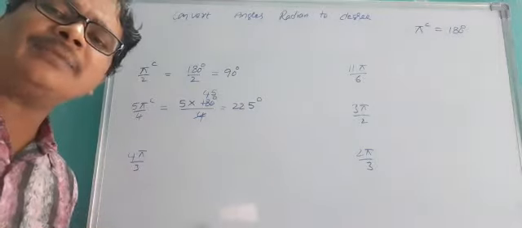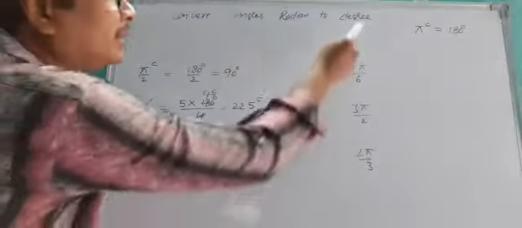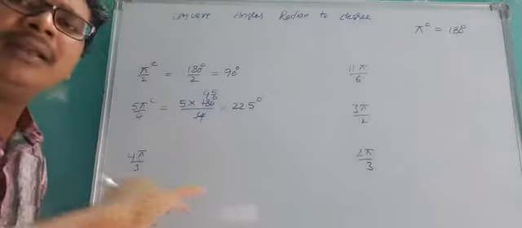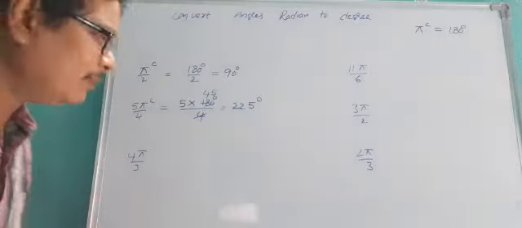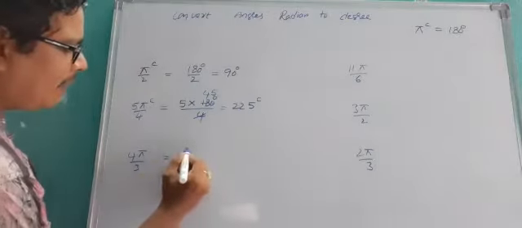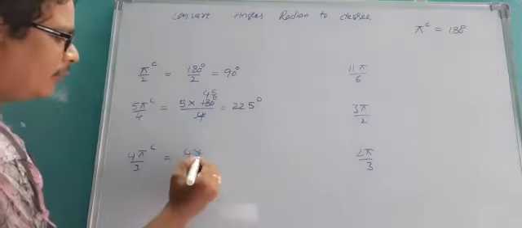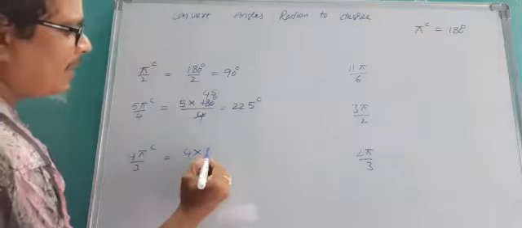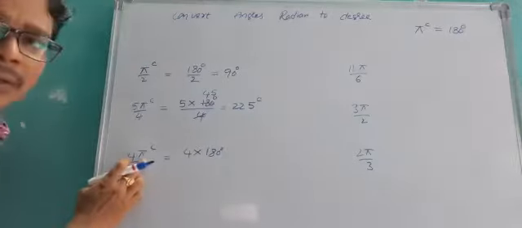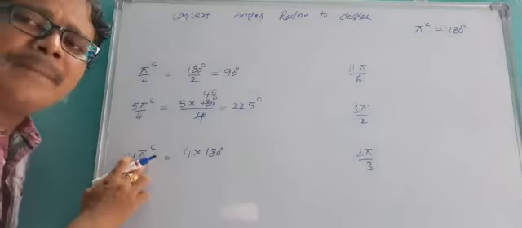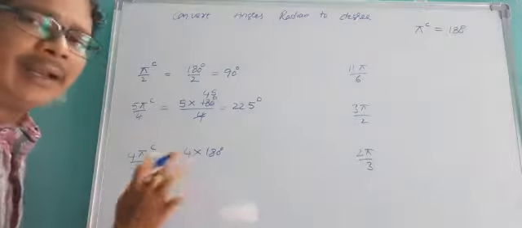Already explained how to convert degrees to radian in our previous video. So next one, 4 pi by 3. So 4 pi radians by 3. Pi radians equal to how many degrees? Simply you substitute pi radians equal to 180 degrees.